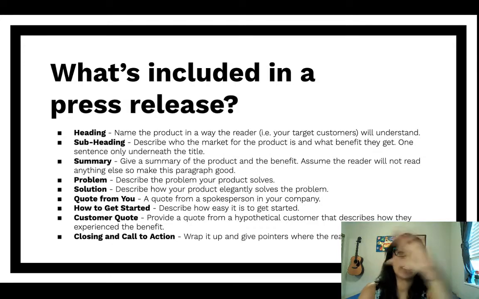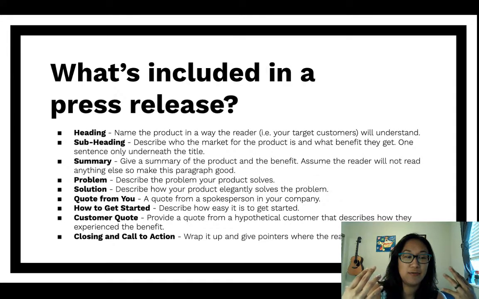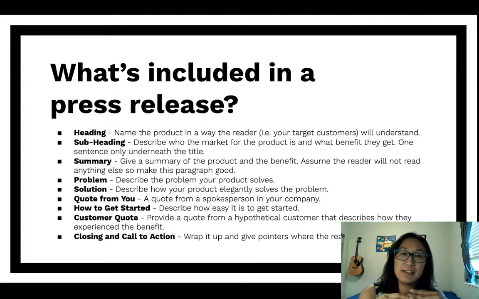Generally there's a headline, where you name a product and exactly what this product will do. If we were to take the Amazon Echo, for instance, an acceptable headline could be: Amazon Echo, the voice assistant for your home, is now launching this month. That could be an acceptable press release.